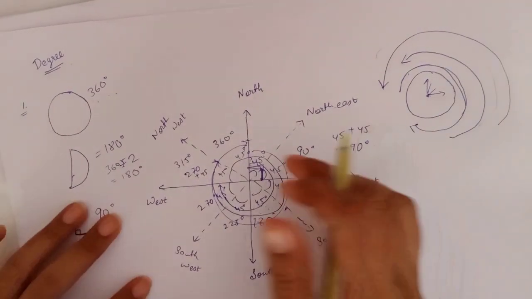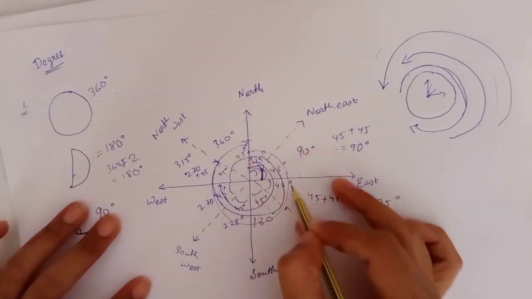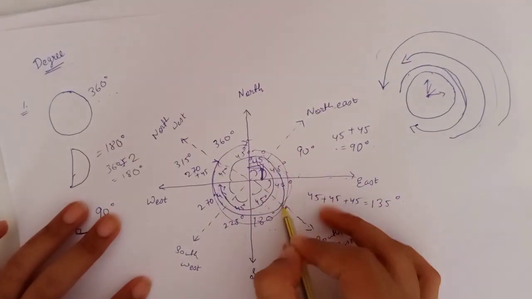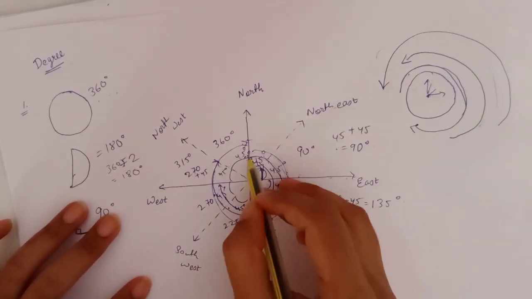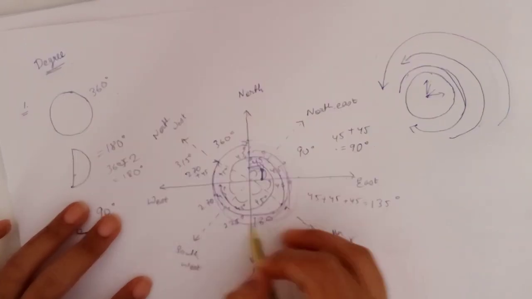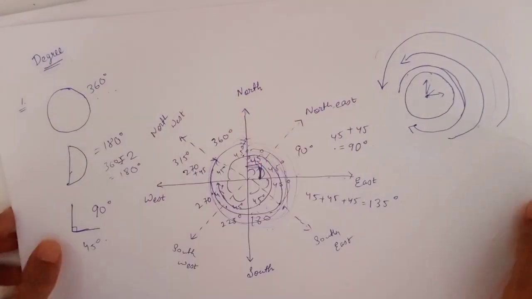Or else we can directly write 45, 90, 135, then 180, then 225, 270, 315 and 360. So there are 3 ways in order to learn degree or find out the degree of the sum.